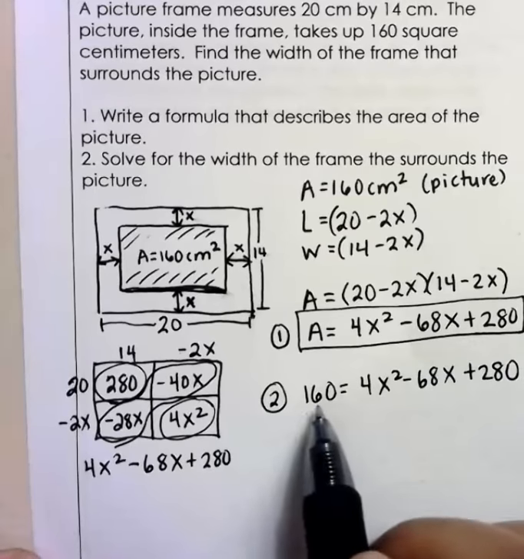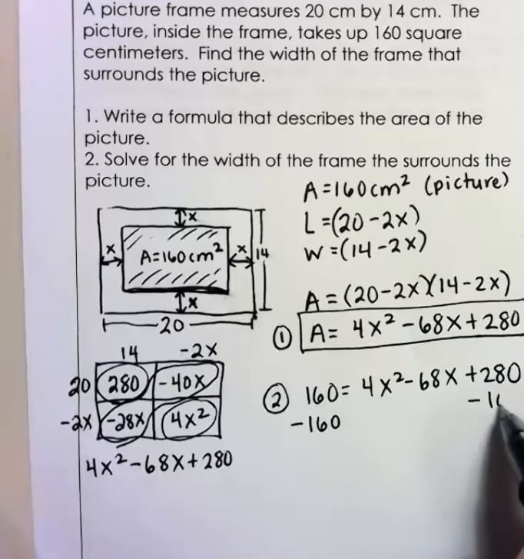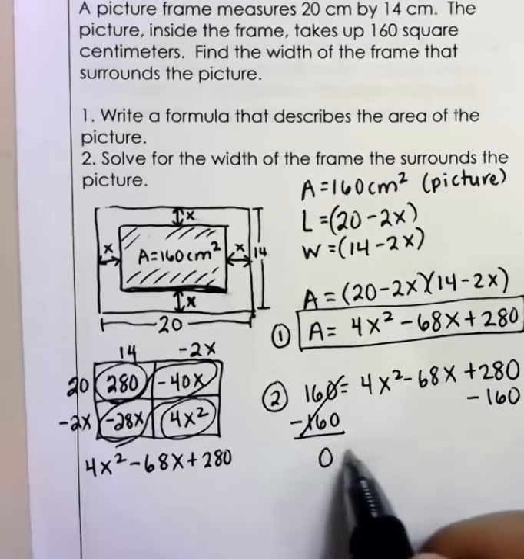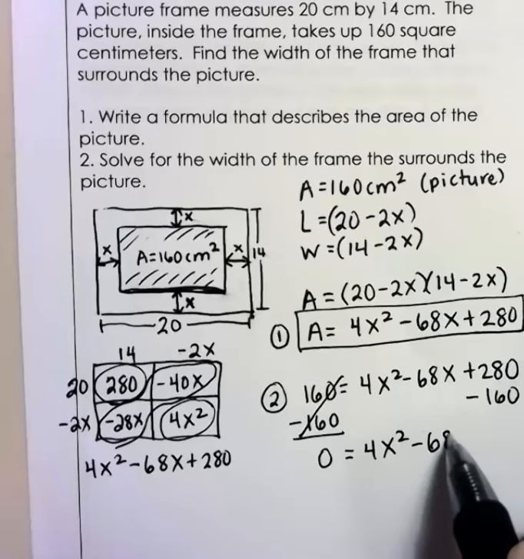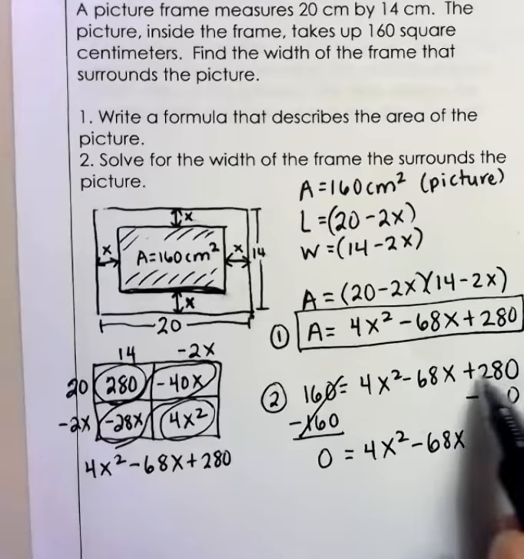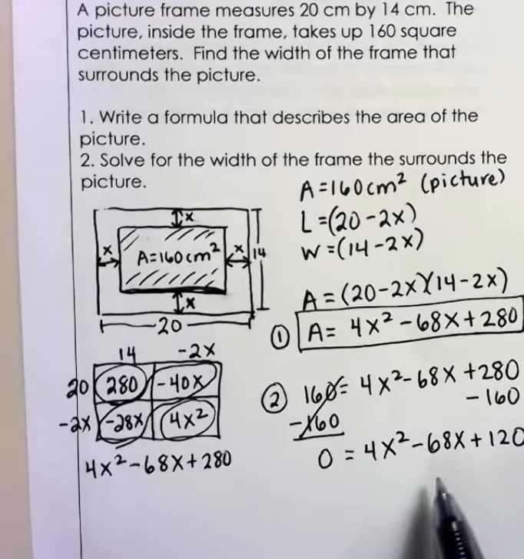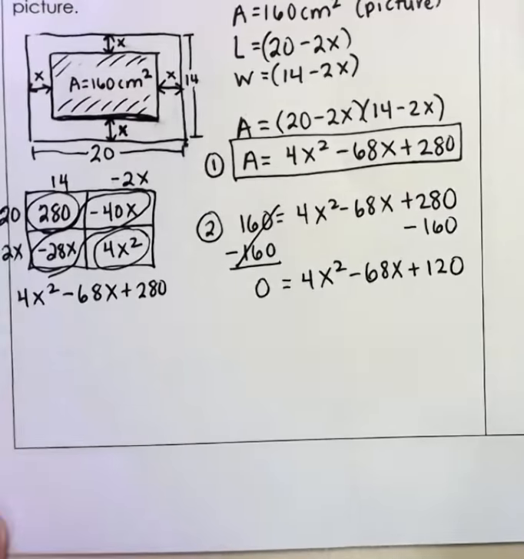We want to make sure that we have 0 on the left hand side, so we're going to subtract 160. So we have 0 equals 4X squared minus 68X, and 280 minus 160 is 120. And now we're going to use the quadratic formula to solve this problem.